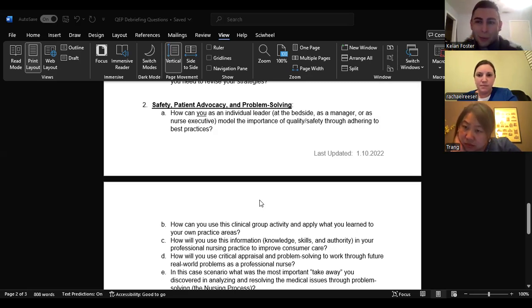You can't hold your employees accountable if you can't be held accountable yourself. If there are certain quality and safety protocols, you have to adhere to those in front of your coworkers, or they're not going to either. So as a leader, I think the best way to make sure these things happen is to lead by example.